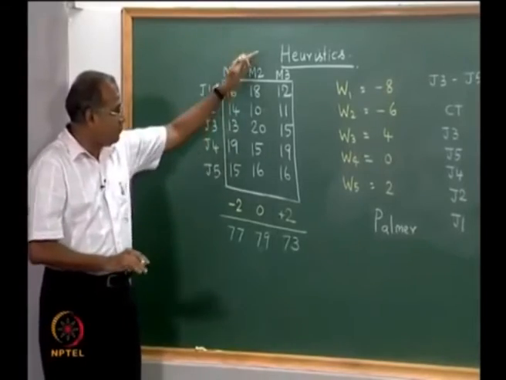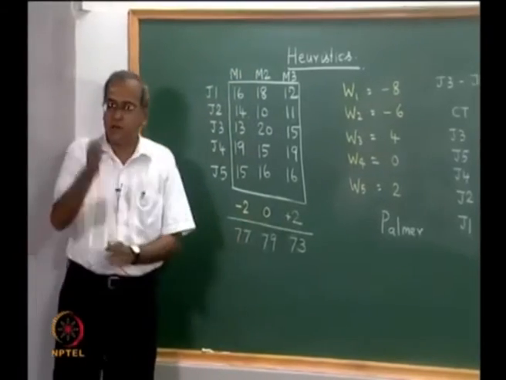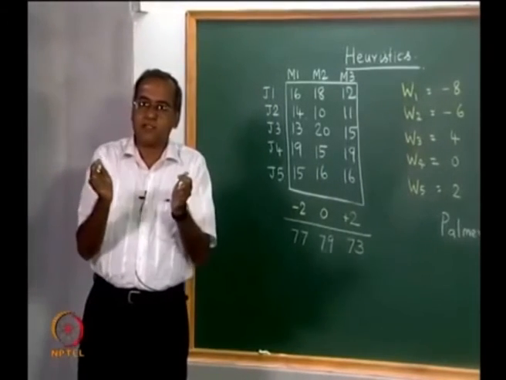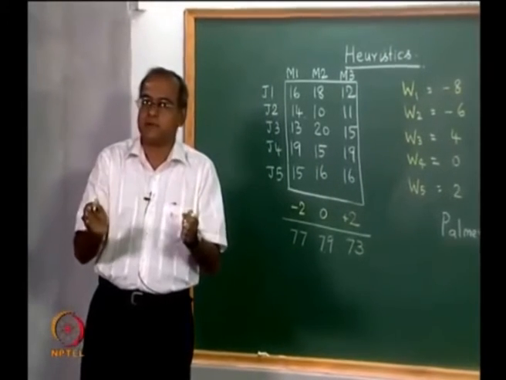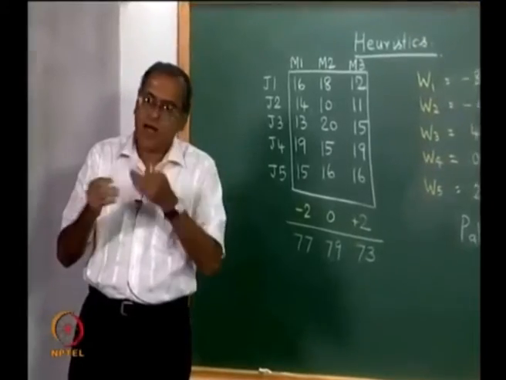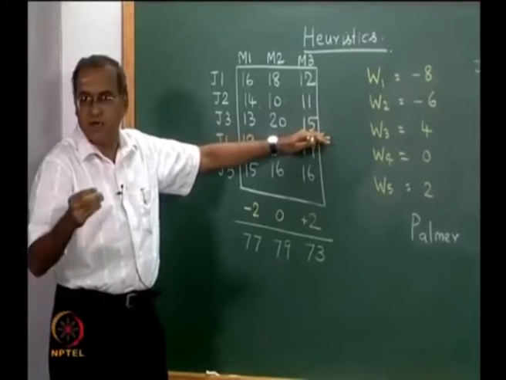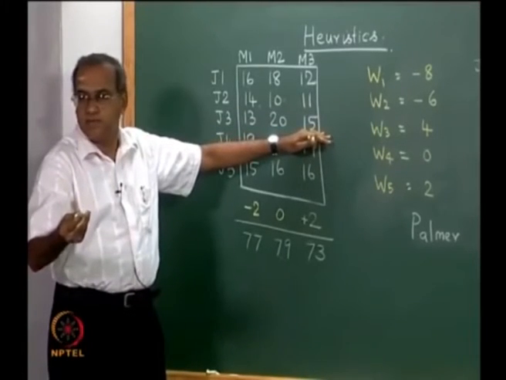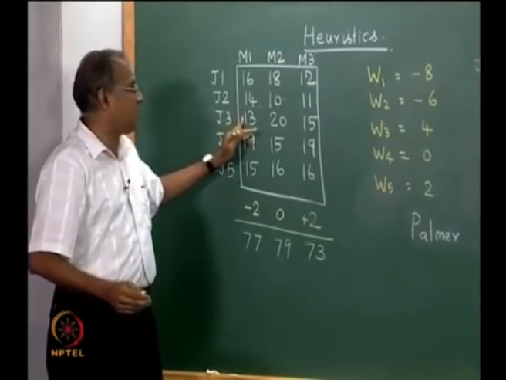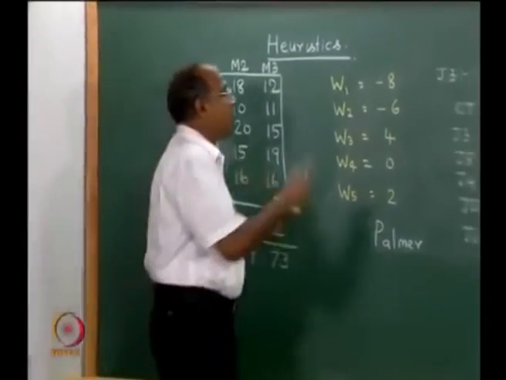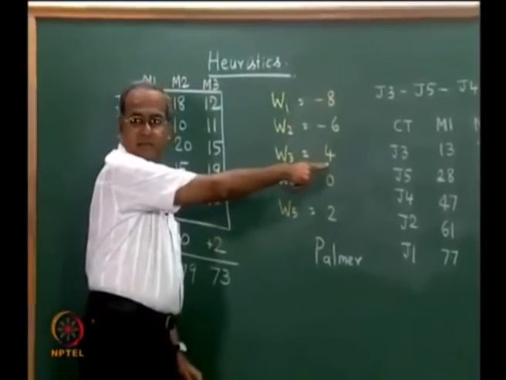Now, for a 3 machine problem we have put a 0 here. So, whatever is there on the second machine does not matter, only what is there on the first and third machines matter. So, if a job has a higher processing time on the last machine and a lower processing time on the first machine like J3, it will have a higher value of the index.